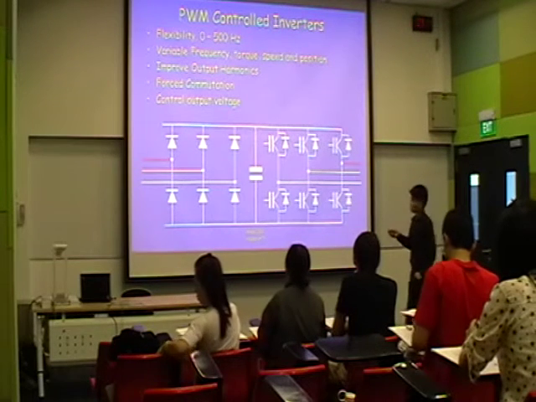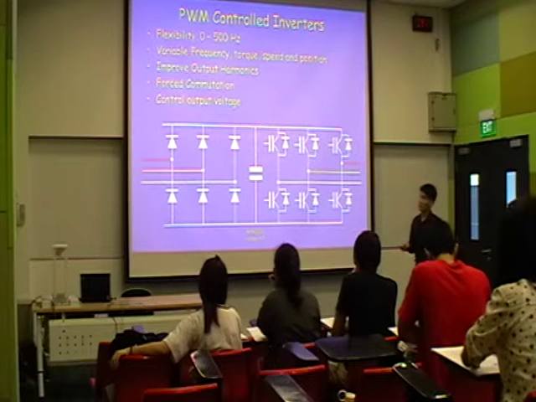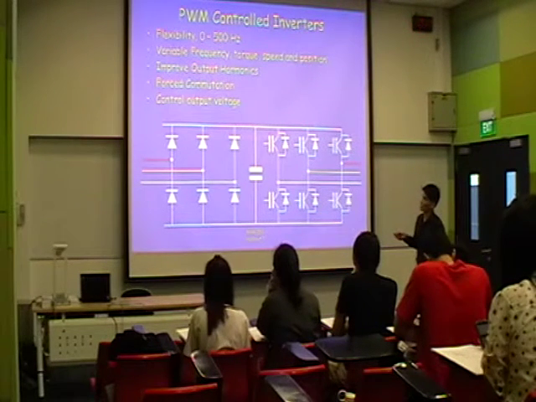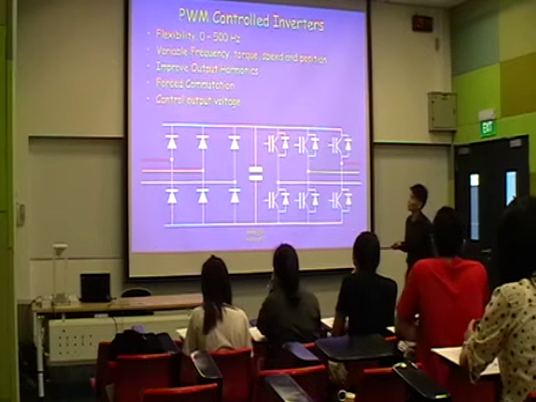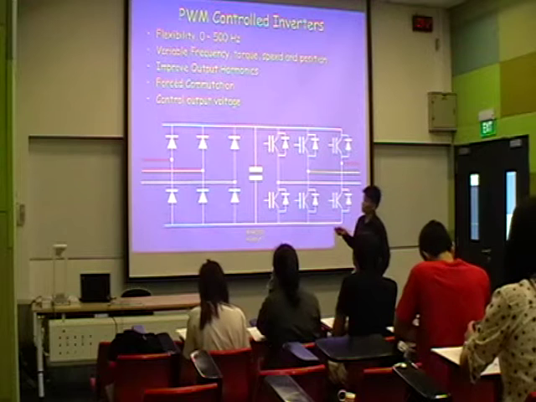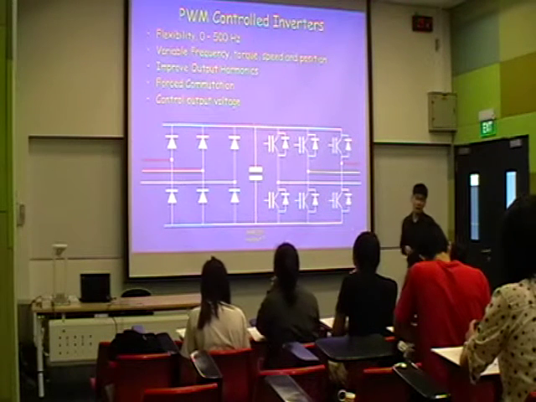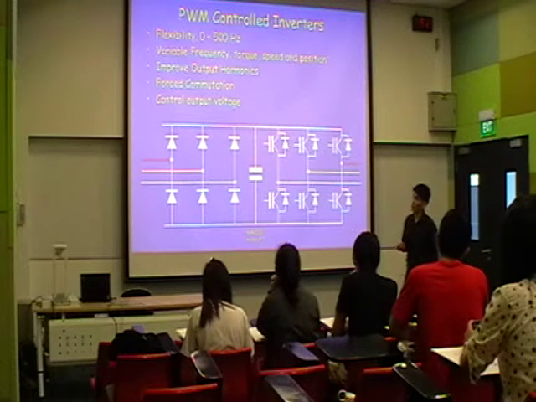So the PWM control inverters, what is this basically? This one has a flexibility of conversion from 0 to 500 hertz, and that is definitely a variable frequency. Definitely you want a frequency that is changeable, we do not want a fixed frequency.